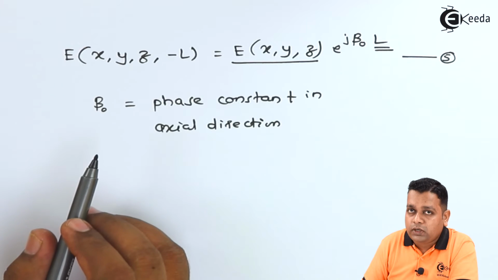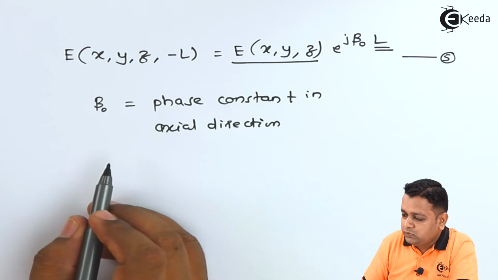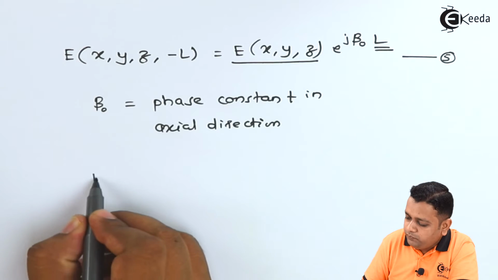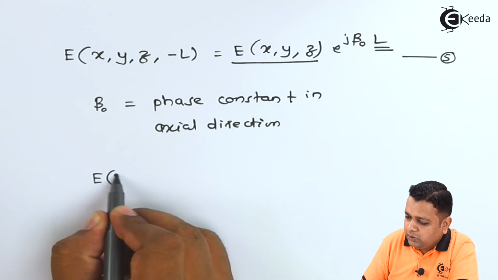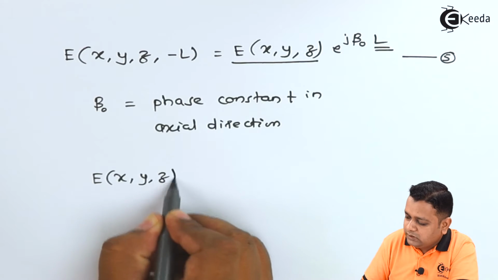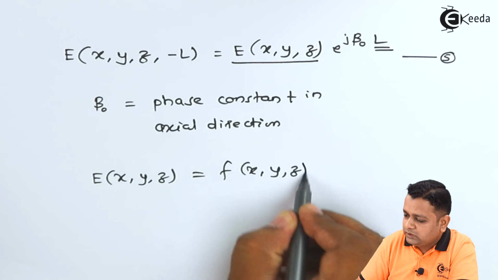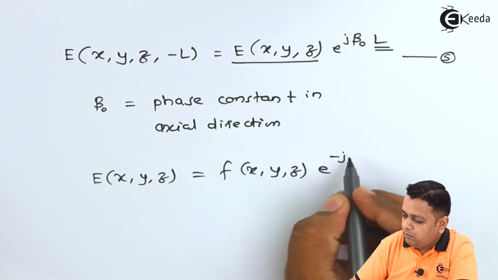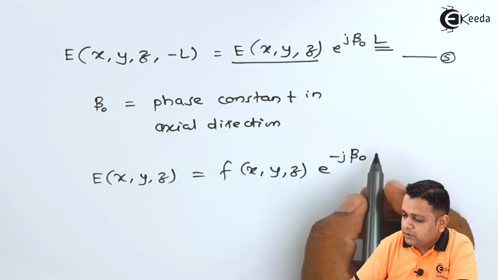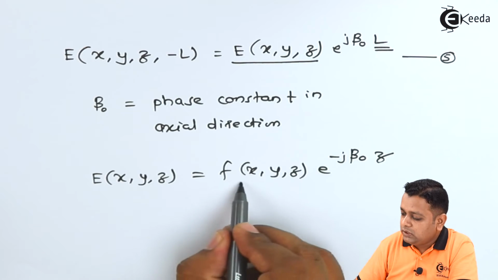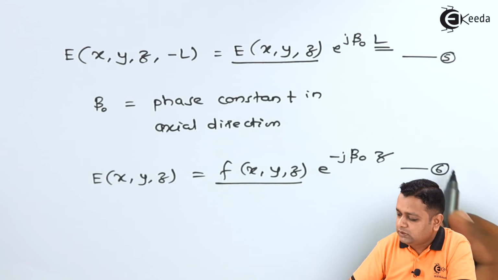Now it is postulated that the solution of Maxwell's equation in the periodic structure can be written in the form E as a function of x, y, z given by f of x, y, z into e to the power minus j beta suffix 0 into z. Let this be equation number 6.